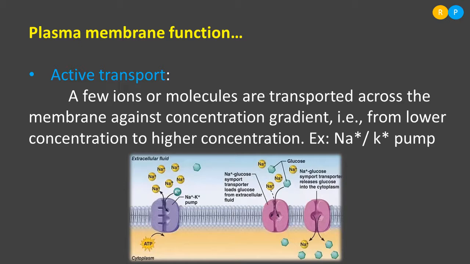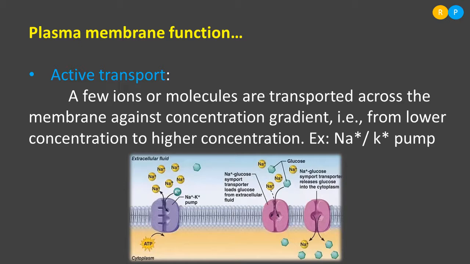In this diagram they have given two regions of the cell. Towards the inner region of the plasma membrane, the cytoplasm is there, and outside the plasma membrane, the extracellular region is present. What we are observing in the diagram is sodium ion moving from the cytoplasmic region towards the extracellular region.